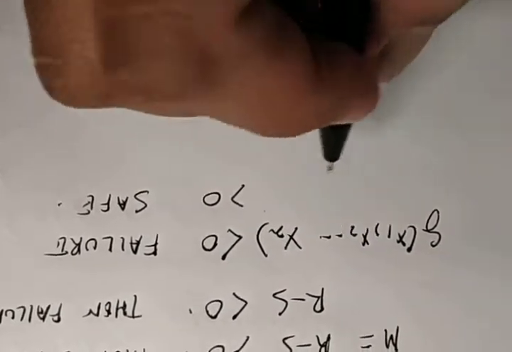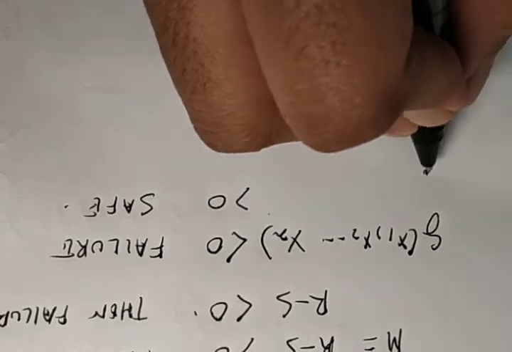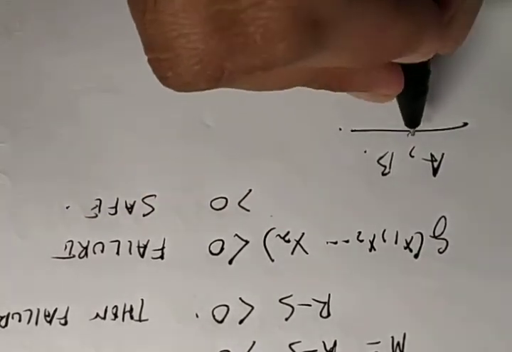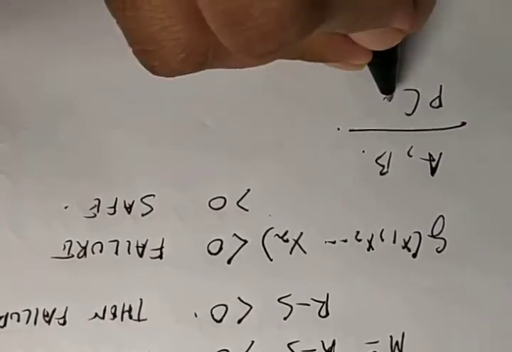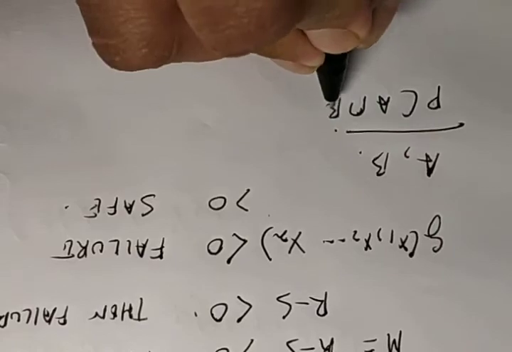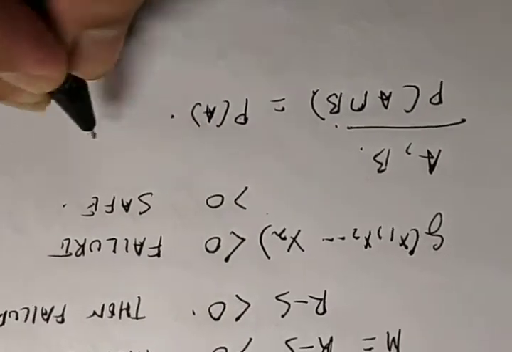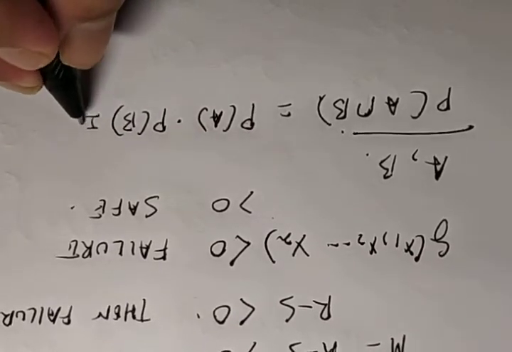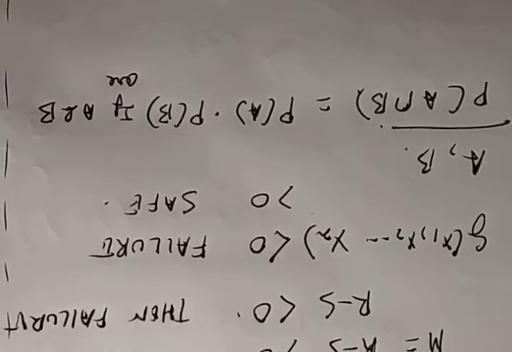So suppose I take two variables, A and B. If A and B both occur at the same time, the probability of A intersection B is equal to the probability of A multiplied by the probability of B, if A and B are independent.